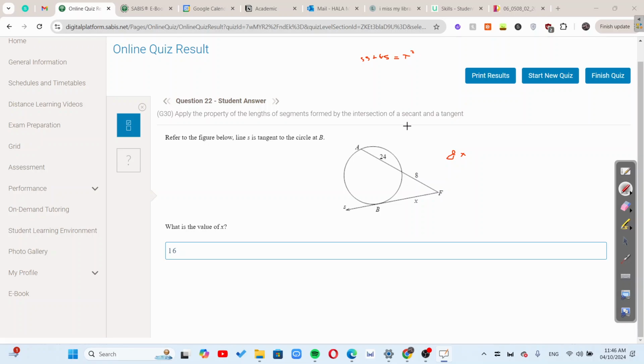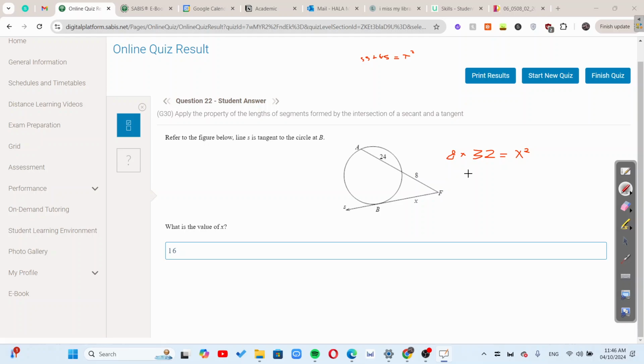This is how I memorize my rules. So the small part of the secant, which is 8, times your whole secant, which is 24 plus 8, which here is 32, 8 times 32, equals tangent squared, so x squared.